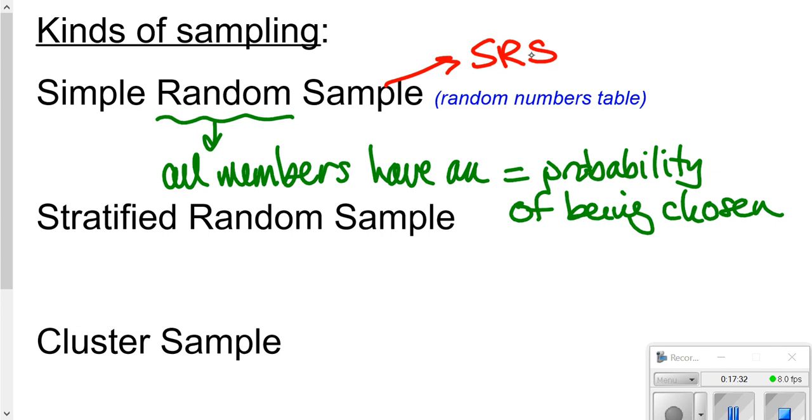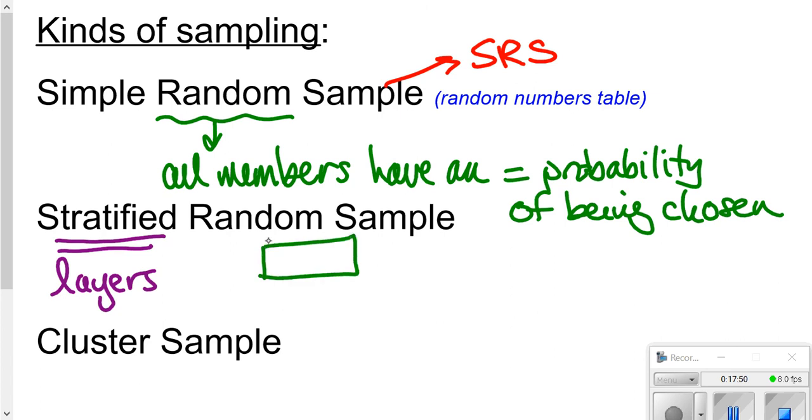Now the next term, and this term is sometimes referred to as an SRS, just by its initials. Now the next thing has those initials, but that's not what we mean by SRS. Stratified random sampling, okay? Stratified means layers. So in a stratified random sample, you break things into little groups, okay? And those little groups or those layers all have something in common.